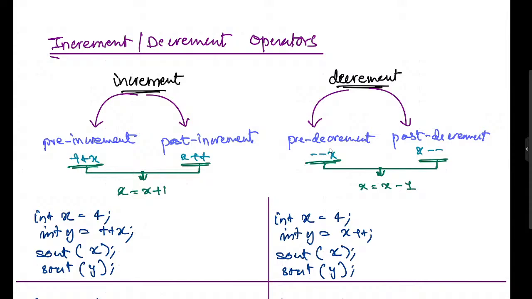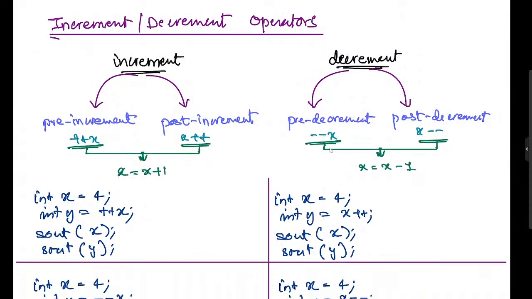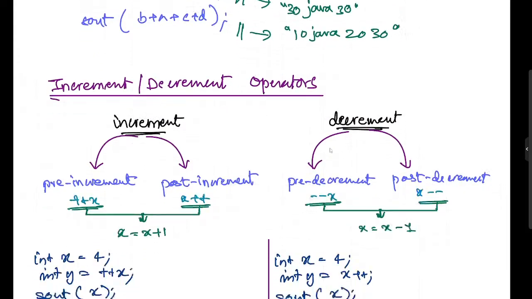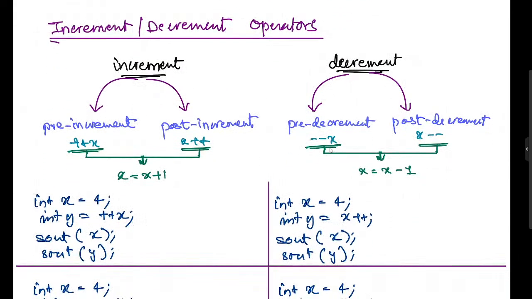I took a little bit of time there because it was a little tricky concept to understand. Now we have increment and decrement. We have an operator like plus plus and minus minus in Java, and depending on the scenario, they are also known as pre-increment, post-increment, pre-decrement, and post-decrement. That depends on whether you use the plus plus before the variable or after the variable.